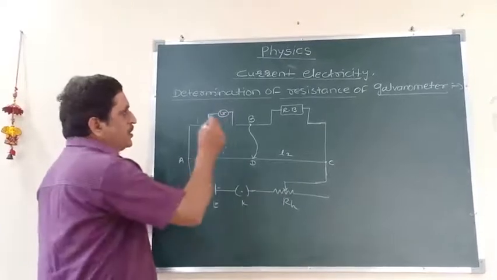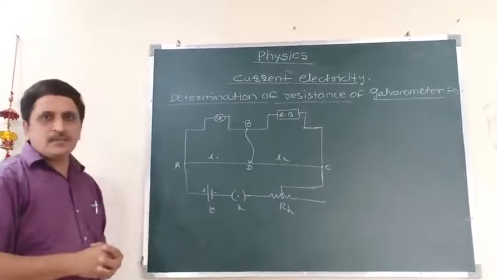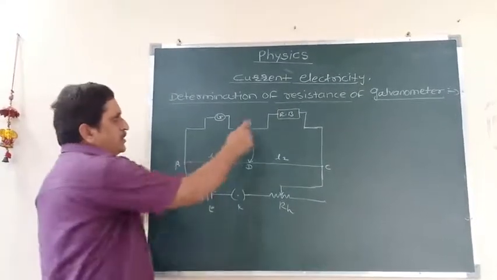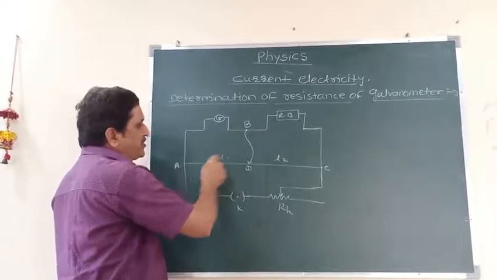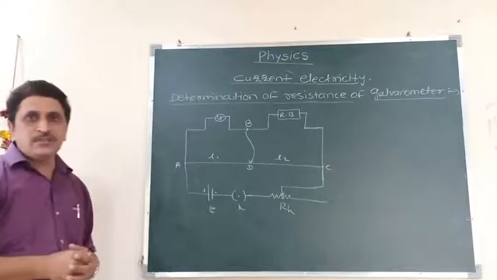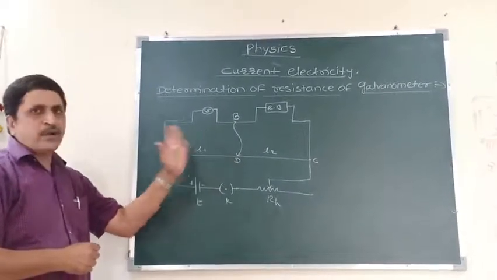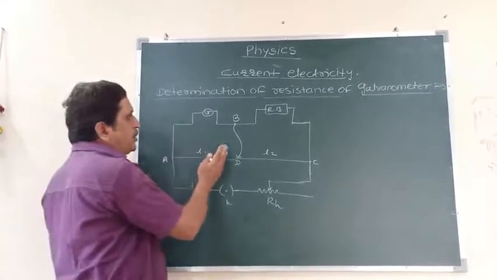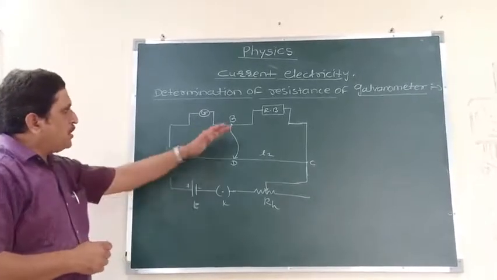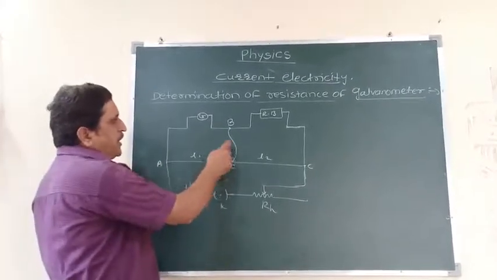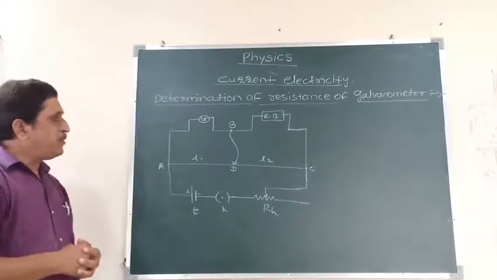Then again, one standard value of resistance is taken out from the resistance box. Now, when resistance from the resistance box is taken out, then slide the jockey along the wire AC and try to find a point at which the galvanometer shows no change in its initial deflection. Why is this so? Because here the sliding jockey is directly connected to the point B and the galvanometer is connected in the left gap of the meter gauge.